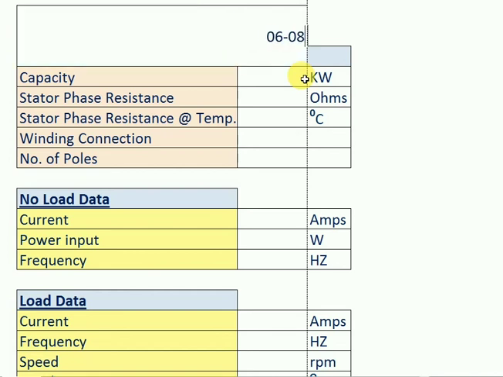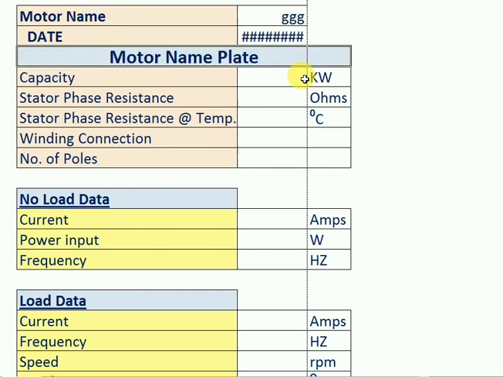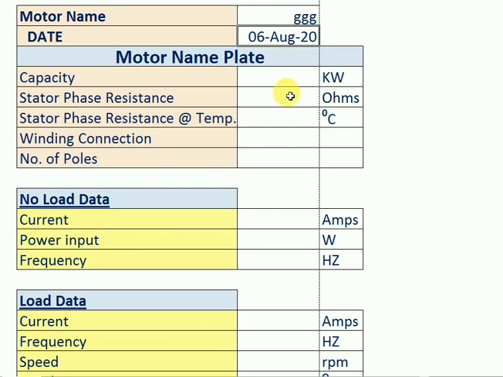Capacity of the motor is taken from the nameplate. Stator resistance is also taken from the nameplate and motor data book, 0.029 ohms, along with the temperature at which it is given. Winding connection is delta connection. Number of poles: it is a 2-pole motor.